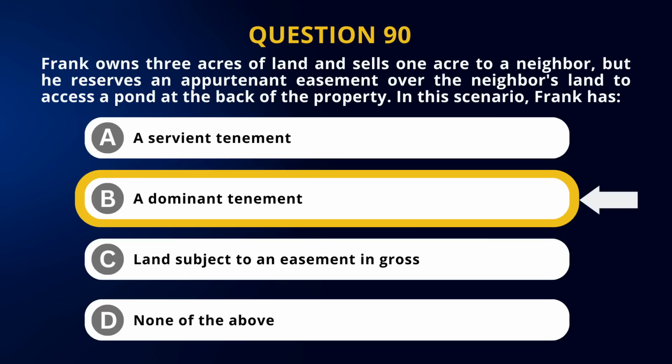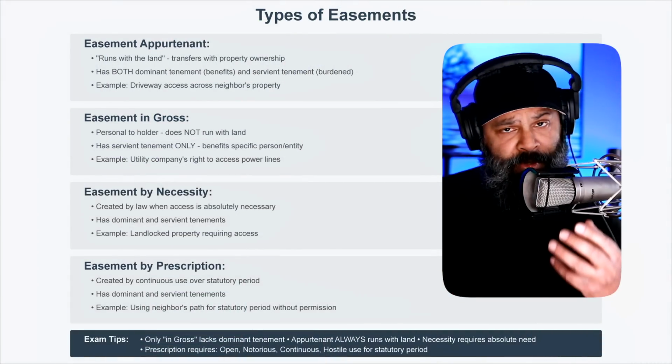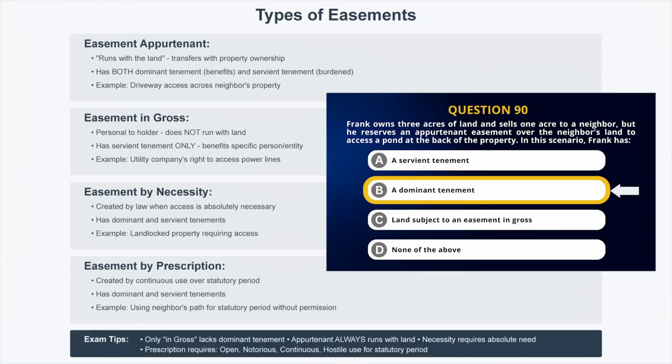So you want to know easements for real estate examinations. They are definitely going to be on there. An appurtenant easement has 2 types of tenements. One is a dominant tenement. The dominant tenement gets the use. The servient tenement allows the use. In this case, Frank owned 3 acres and sells one of those acres to a neighbor.